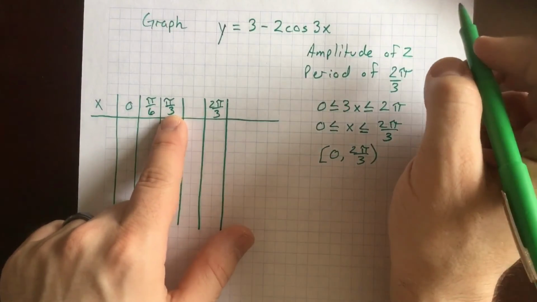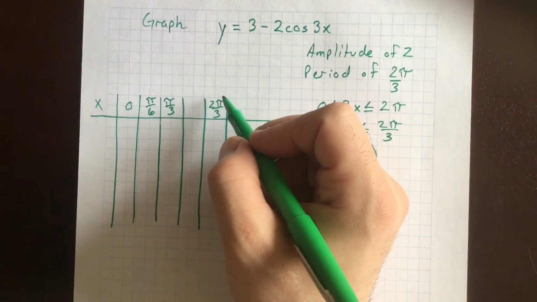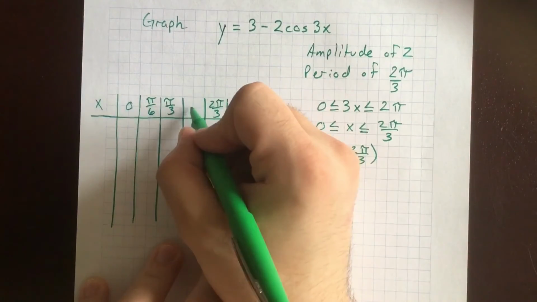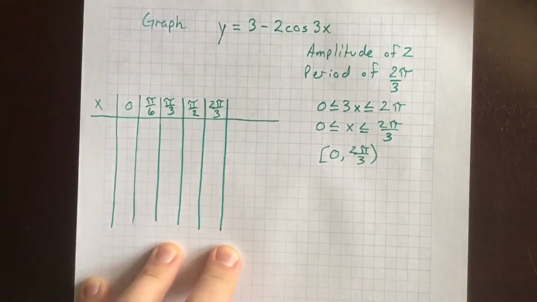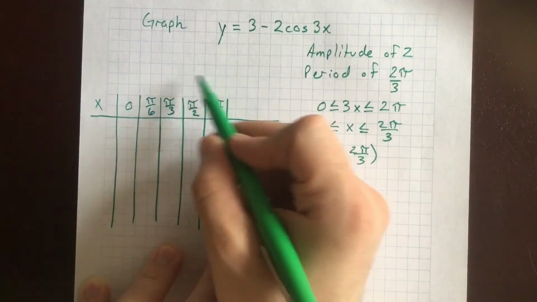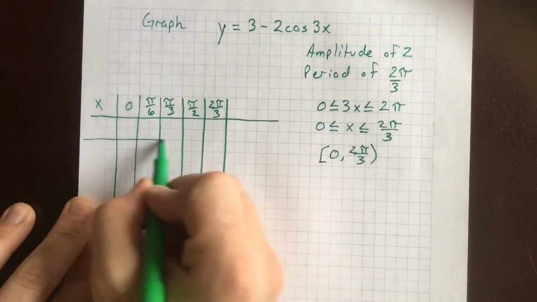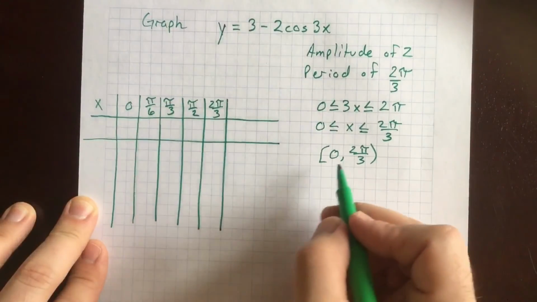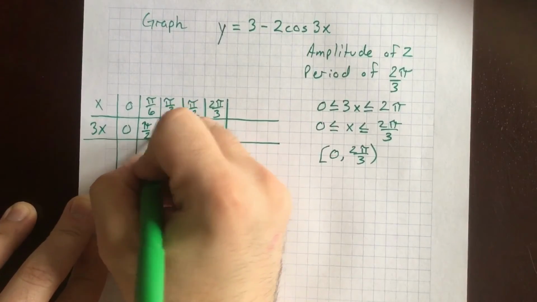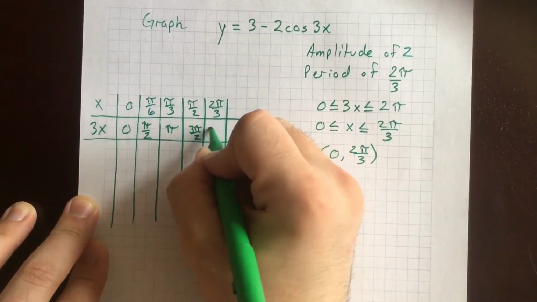And if I add pi over 3 plus 2 pi over 3, that is 3 pi over 3, or just pi. We divide that by 2, so pi over 2. So for 3x, we write 0, pi over 2, pi, 3 pi over 2, and 2 pi.